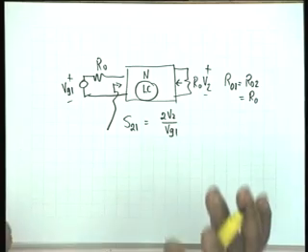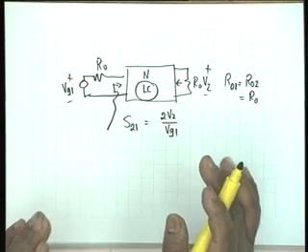Alright. So, our aims in inserting a network between a source and a load are twofold. One is that maximum possible power should be transferred to the load, and second is this transfer should occur in the desired frequency sensitive manner.